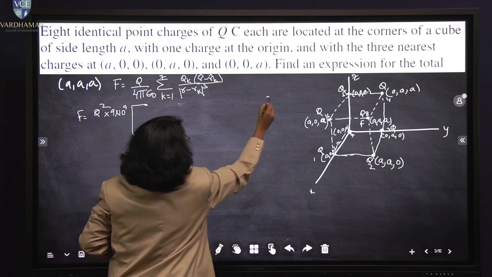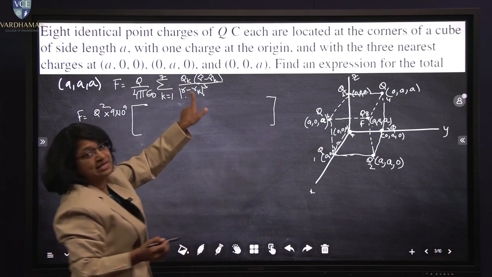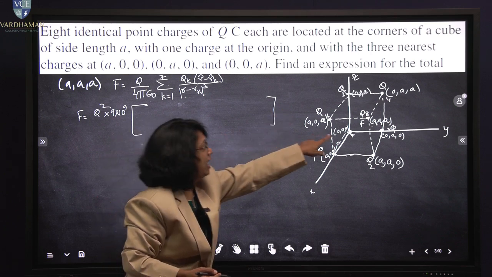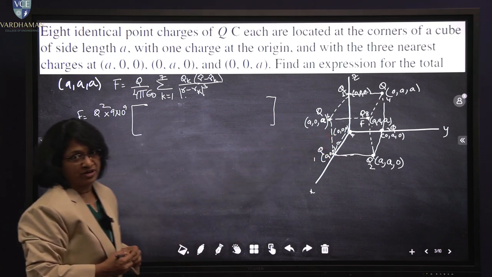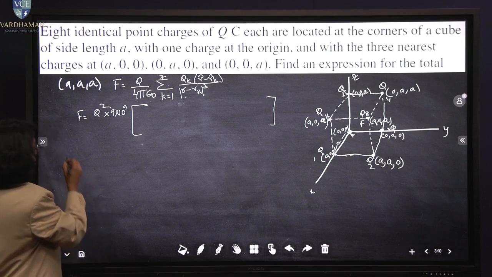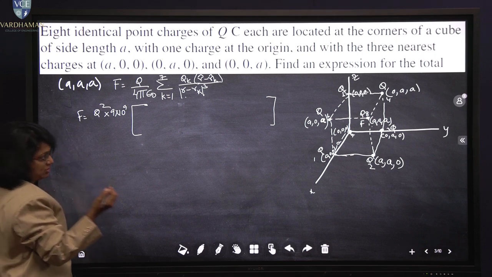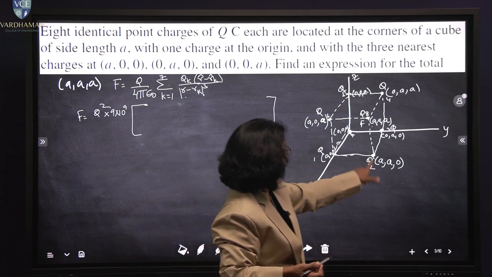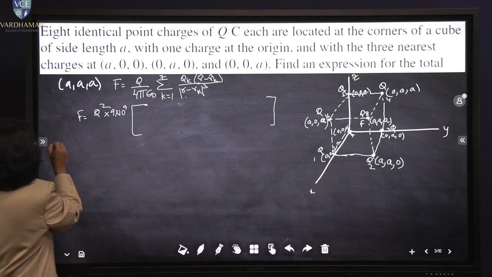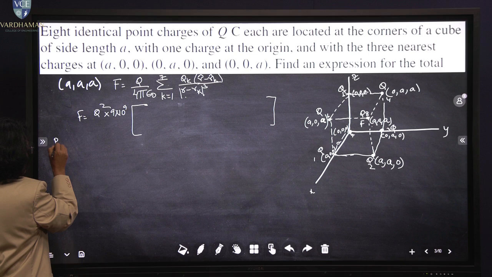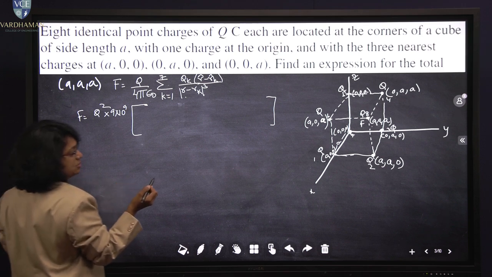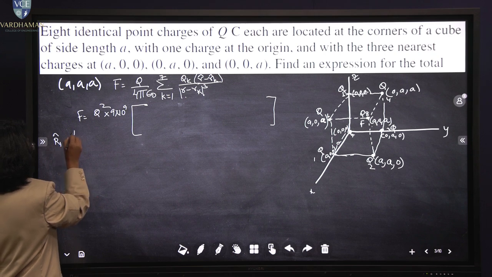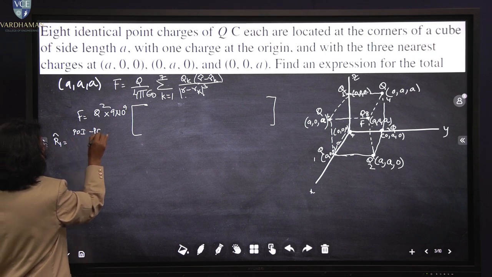In order to write this expression, we need to know the distance vectors and the magnitude of all these points with respect to the point of interest. Let me write individually all these vectors. I have noted down the points, right? So the first distance R1 is the distance between the first charge and the point of interest, which is nothing but point of interest minus POS1.